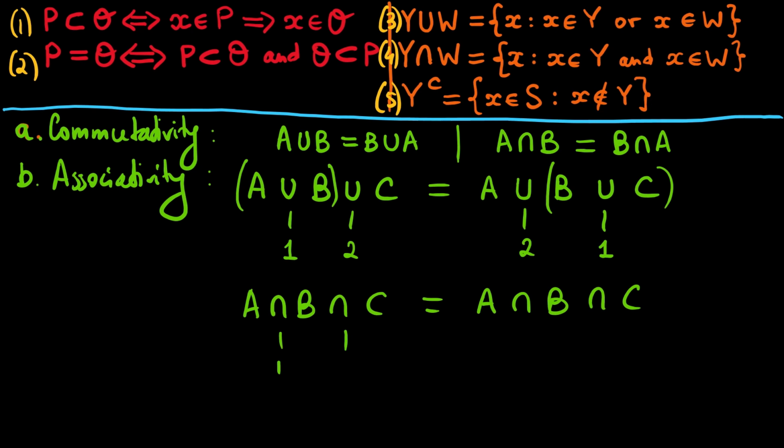It doesn't matter if you did this one first, this one second, or this one first, this one second. In other words, if we put the parentheses like that, it doesn't matter. The order doesn't matter. Okay, so that's associativity. And next we will look at the distributive laws.